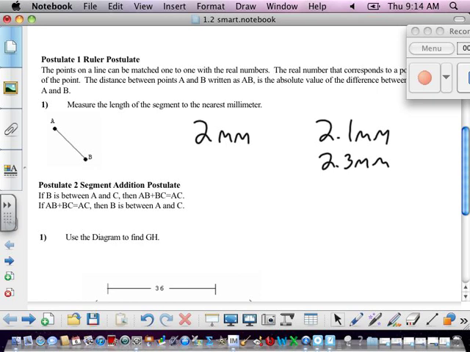I don't think it's quite 2.3. But that's an awfully big dot. So I think it's anywhere between 2.1 and 2.2. All right, let's look at the back.